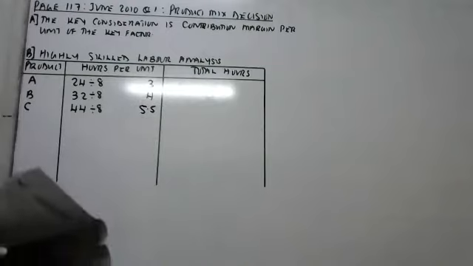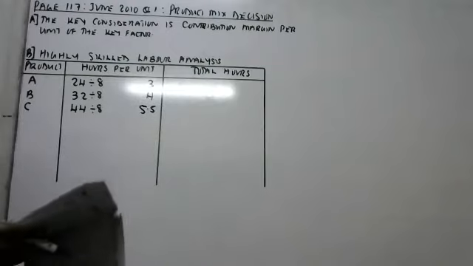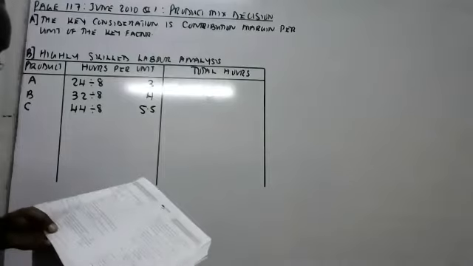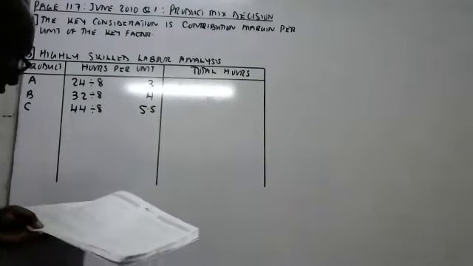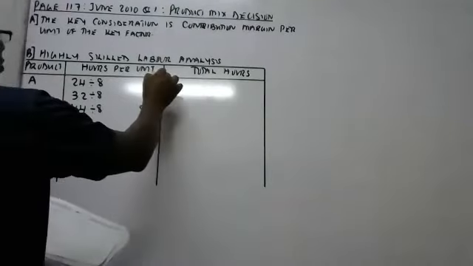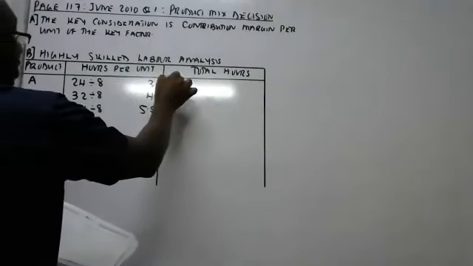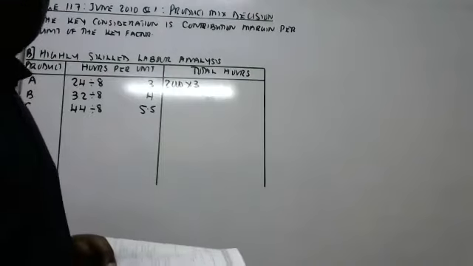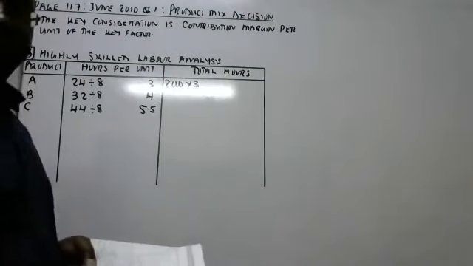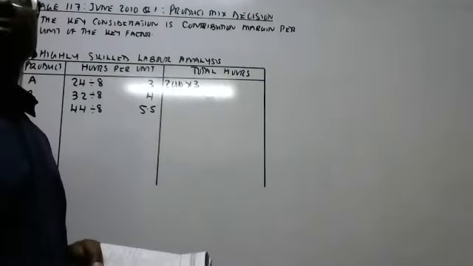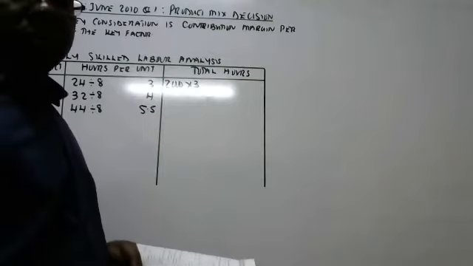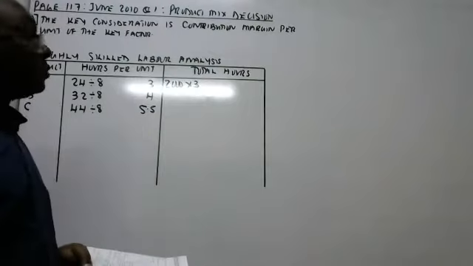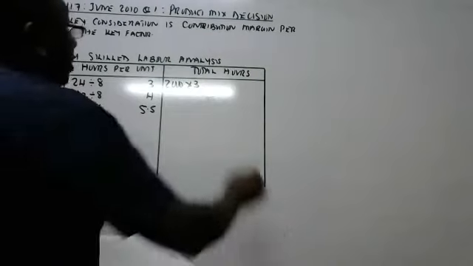Now the total hours, you multiply by the units that are required. You can see in information 4, A requires 2,000. So you will say 2,000 times 3 is 6,000.